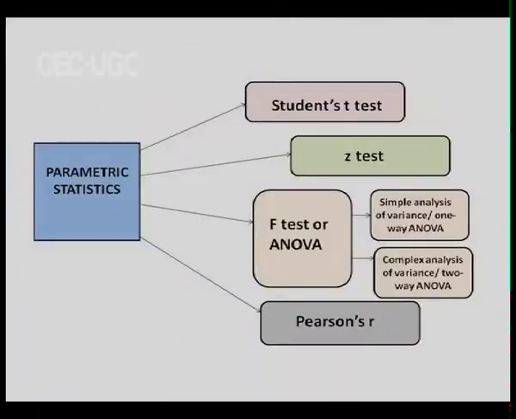Thus we can see in this chapter that we learnt why hypothesis is a necessary and basic aspect of research, and then we understood some important concepts such as the level of significance and the concept of type 1 and type 2 errors in the process of hypothesis testing. Finally, we understood the standard or parametric means of testing a hypothesis, under which we learnt about the t-test, the z-test, the f-test and Pearson's product moment correlation or Pearson's r.